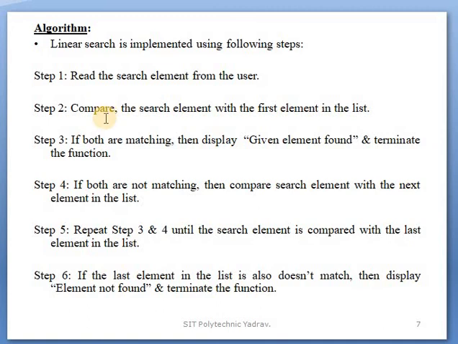Step 2: compare the search element with the first element in the list. Means what? The search element we are checking is compared with the first element in the list. Step number 3.